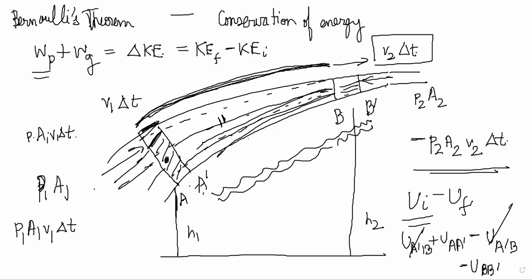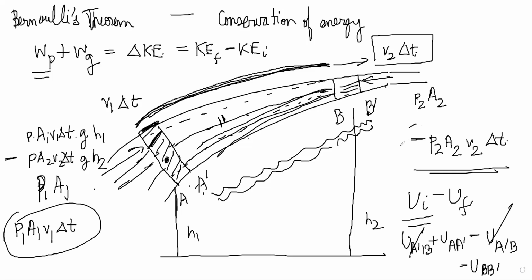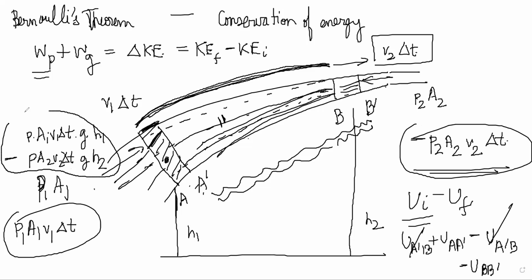Mass into g into h1, minus mass in this portion, which will be rho a2 v2 delta t into g into h2. So we have this difference, this minus this plus this minus this.